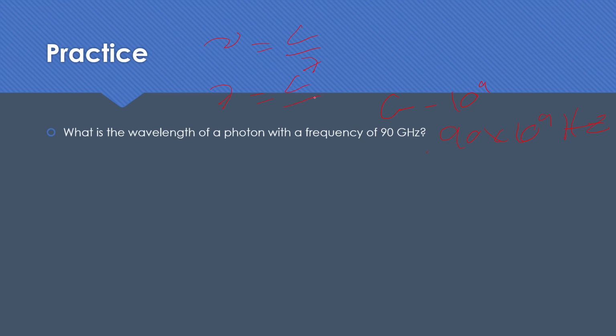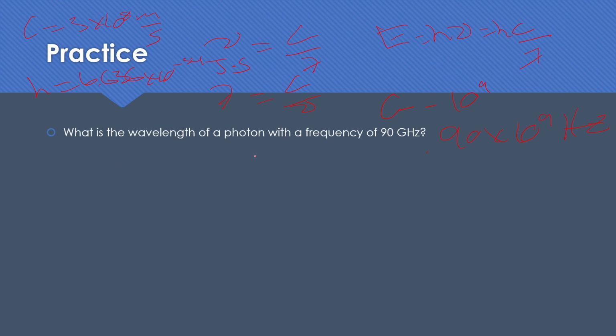Lambda equals c over nu. E equals h nu equals hc over lambda. c is 3 times 10 to the 8th meters per second. And h is 6.636 times 10 to the minus 34 joules times seconds.